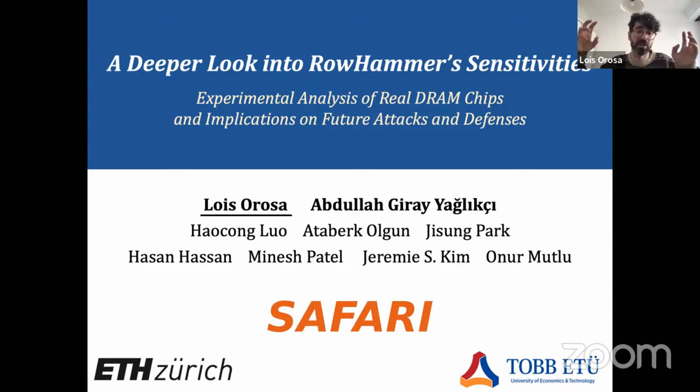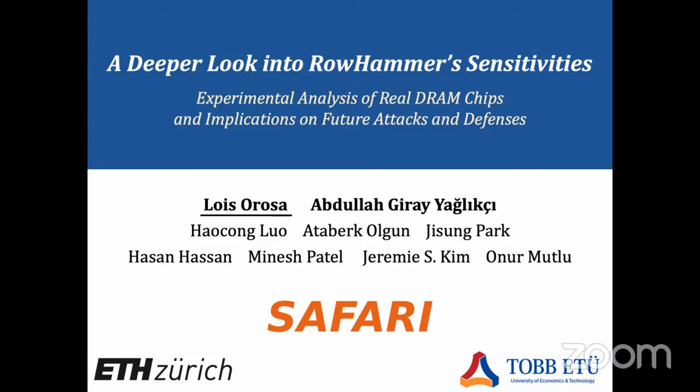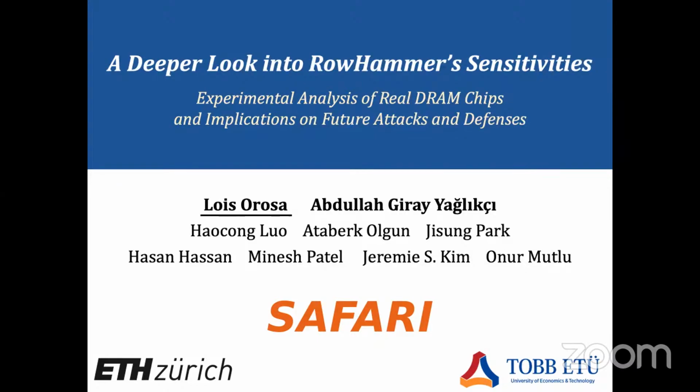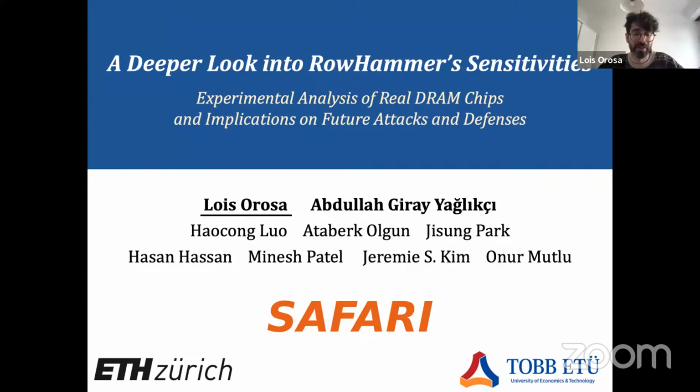Because everything is closer together, and this is a bigger issue. Although manufacturers are trying to mitigate this issue, there are many papers like this one and other ones that demonstrate that the problem is still there. So still there, okay. Oh yeah, that's really interesting. Yeah, cool. Thanks.